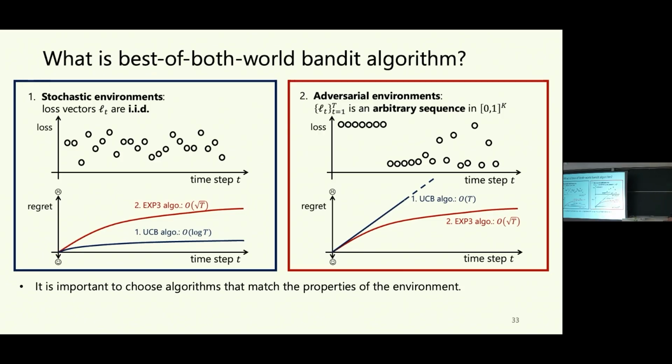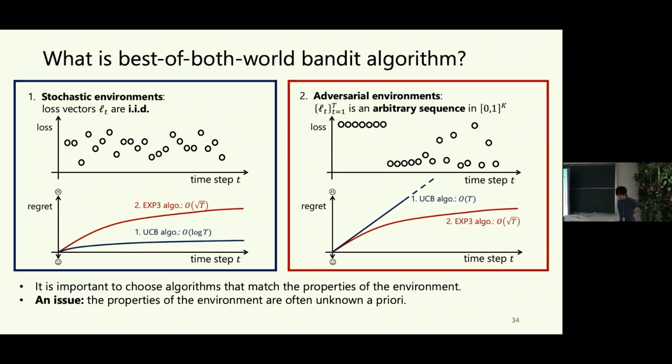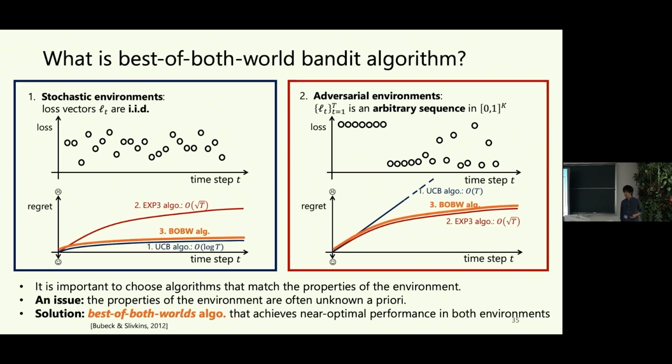So we can say that it is important to choose the right algorithm that matches the type of environment. But in practice, it's difficult to choose the right algorithm as the type of environment is usually unknown. So to handle such an issue, best of both worlds algorithms have been considered that achieve near optimal performance in both environments.